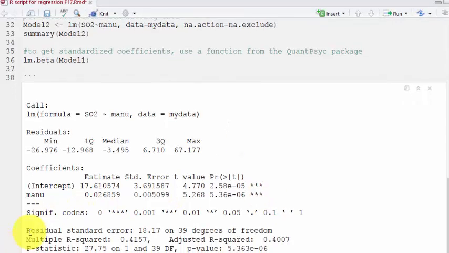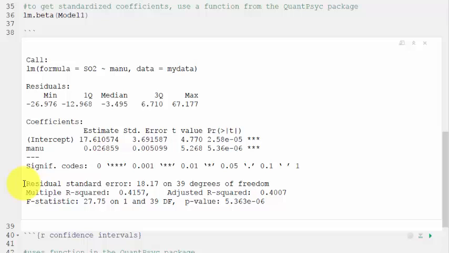And then down here, what we really want to pay attention to is the first thing, this residual standard error of 18.17. This is that overall standard error of the estimate that you might want to report. It tells you how many degrees of freedom you have. So your multiple r squared is the same as the little r squared that we talked about because there's only a single predictor.